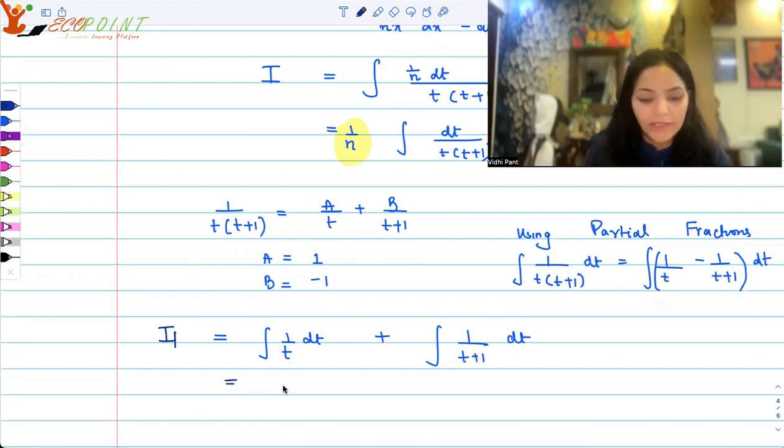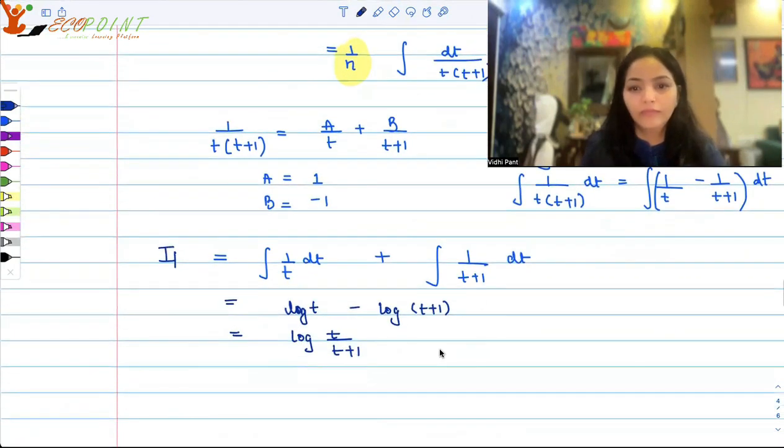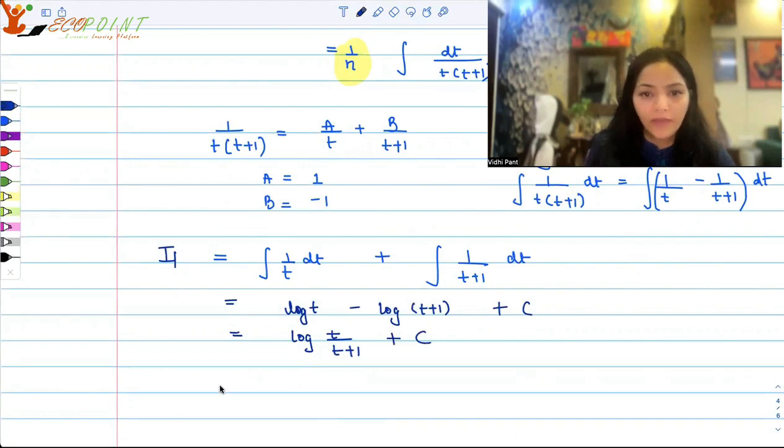So I1 is this. And it is basically natural log t minus natural log t plus 1. Right? So this becomes natural log t upon t plus 1 plus c.